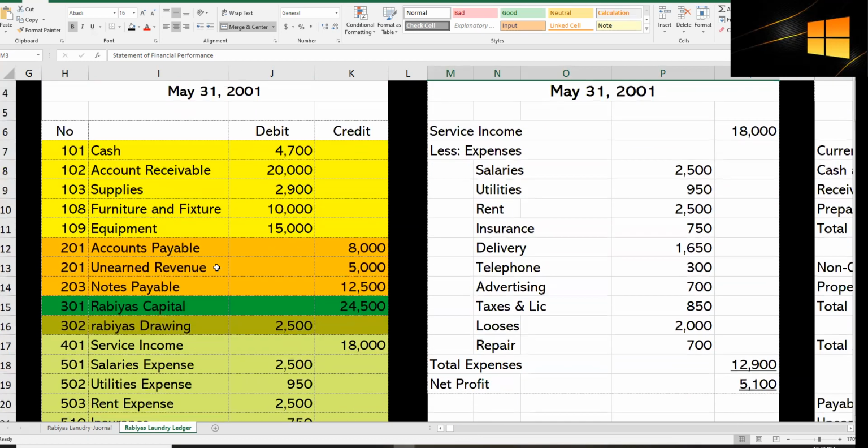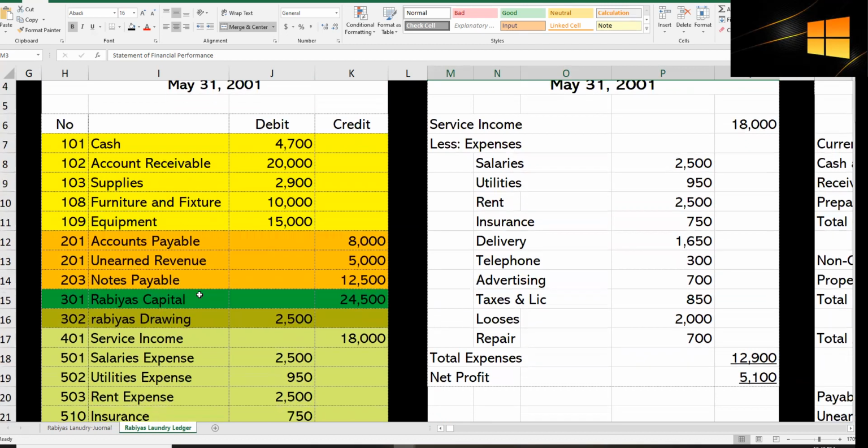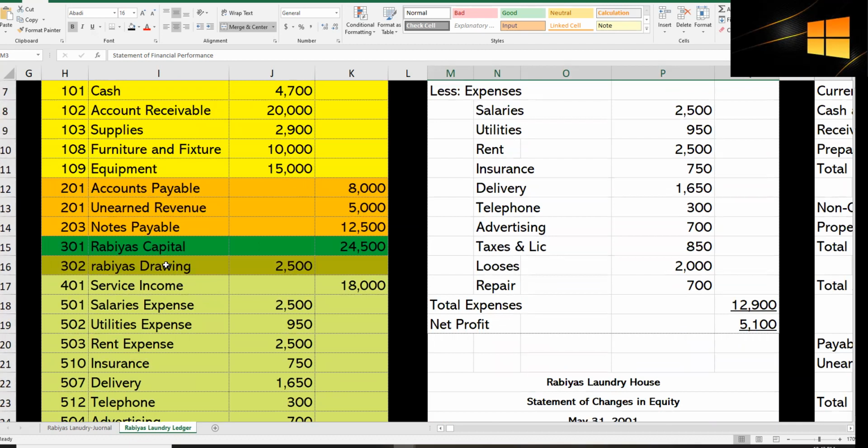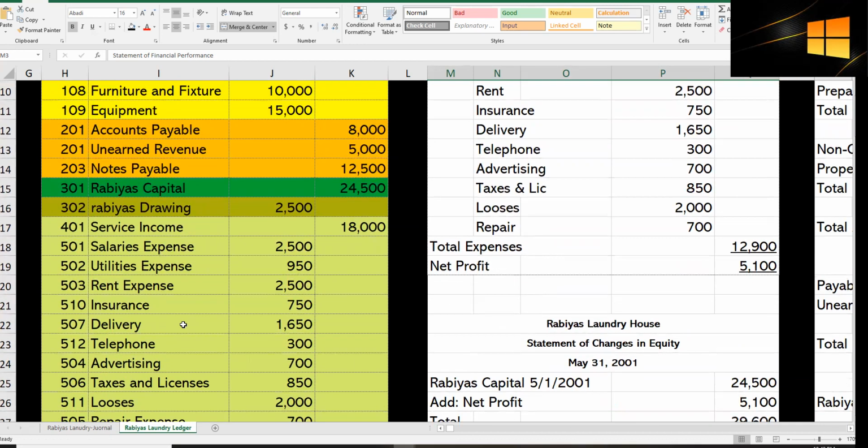Di ba? Since time immemorial, pag nagsimula na yung business na yan, naandyan na po yung mga accounts na yan. And then, yung ating drawing pababa, drawing, income, and all expenses are temporary in nature. Meaning to say, pag sinabing temporary, they tend to be closed at the end of the accounting period and transfer their balances to their capital account. So yun po ang ibig sabihin niyan.